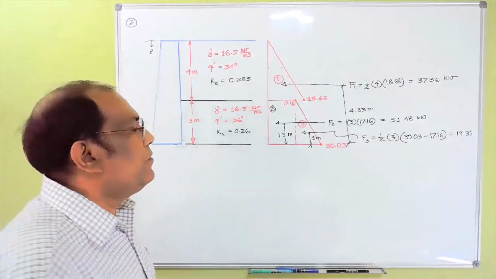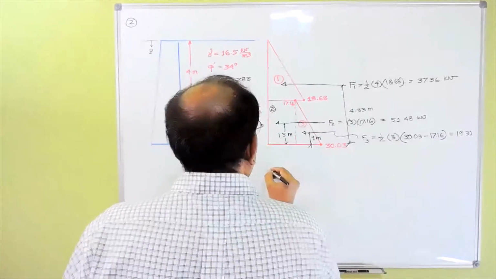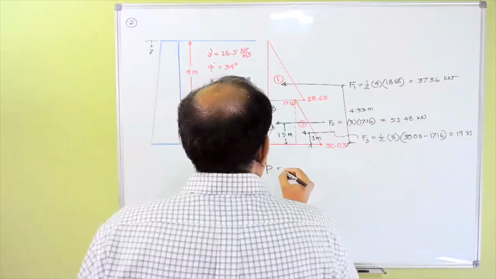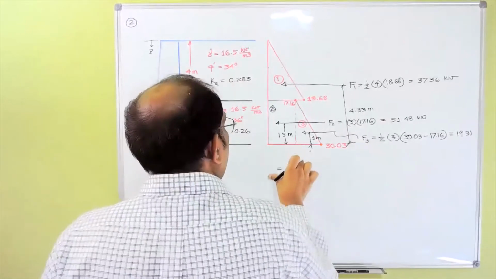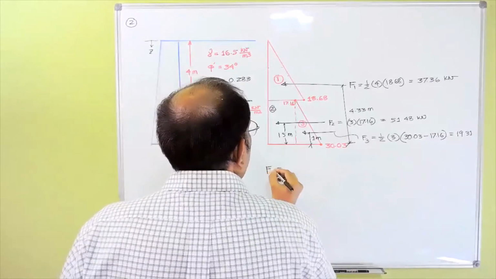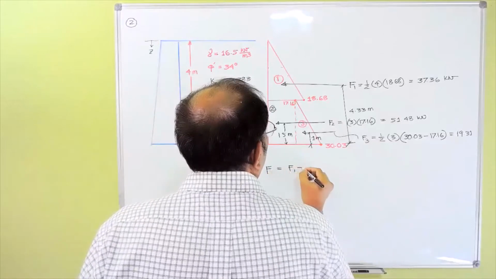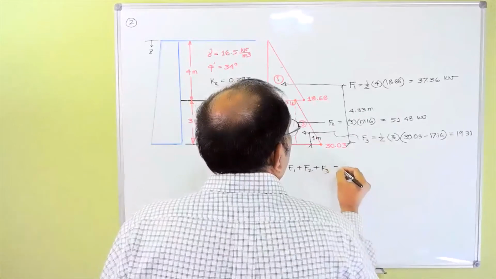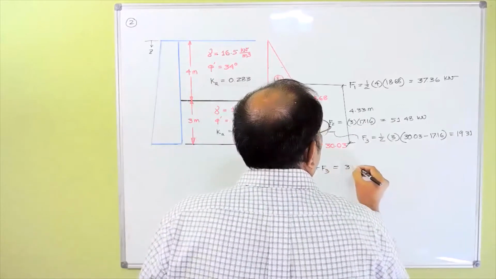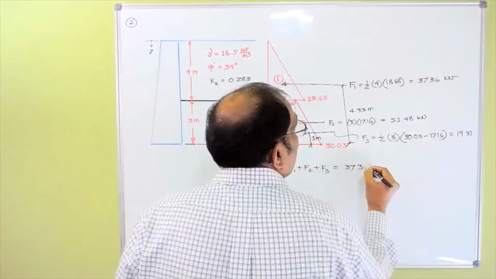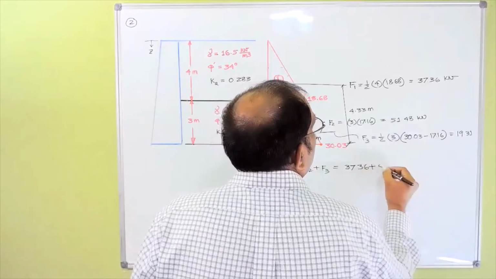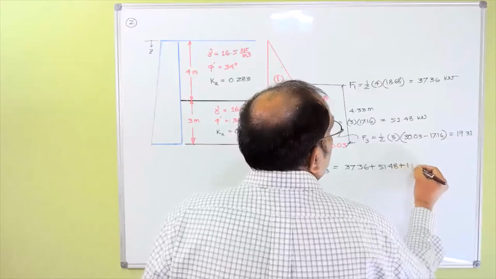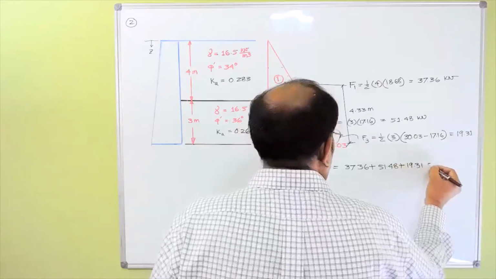So the resultant force F is equal to F1 plus F2 plus F3. Which is 37.36 plus 51.48 plus 19.31.